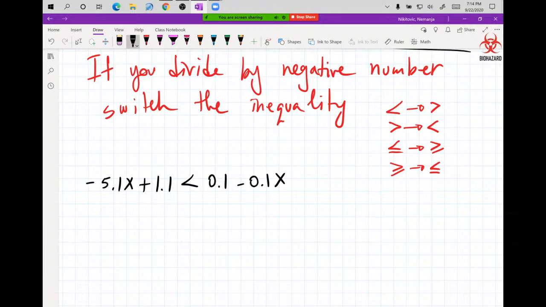You don't have to do anything later in the problem, because you are multiplying both sides by 10. So that's one of the ways to deal with this.